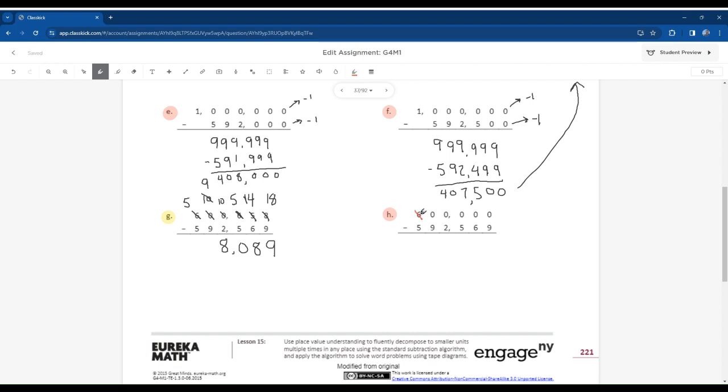So I'm going to regroup 600,000s for 500,000s and 10,000s. Regroup 10,000s for 9 10,000s and 10,000s.